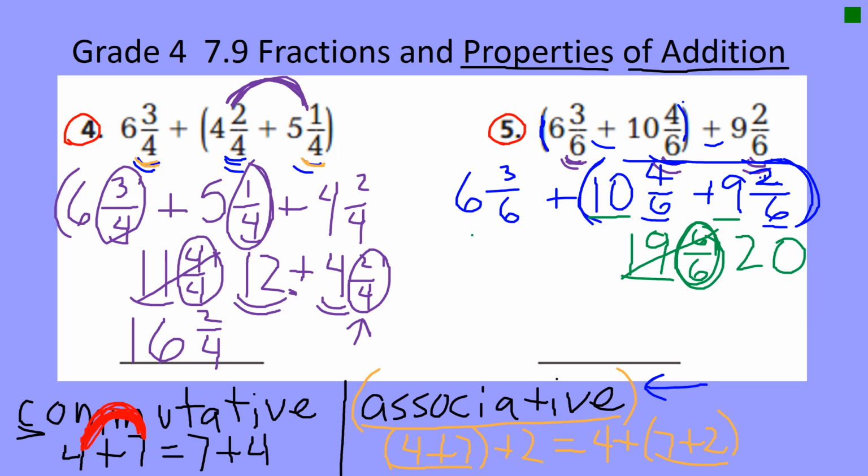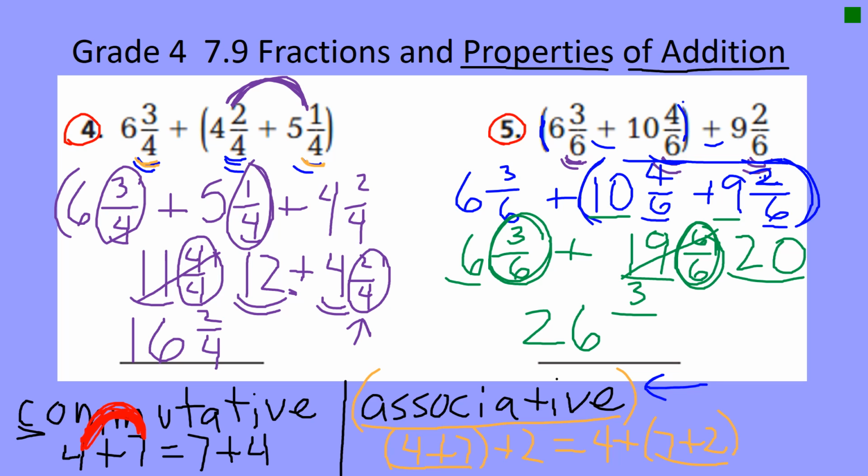And then over here, we still have to add 6 3/6. So if you have 6 3/6 plus 20, let's just look at our whole numbers. 20 plus 6, oh, I even love that adding, is 26. And our little lone fraction to add on, 3/6. 26 and 3/6.